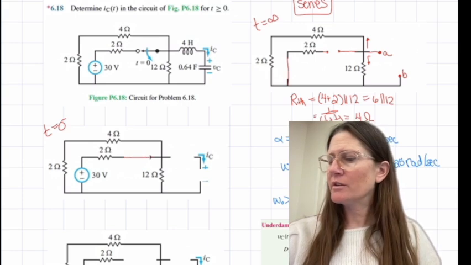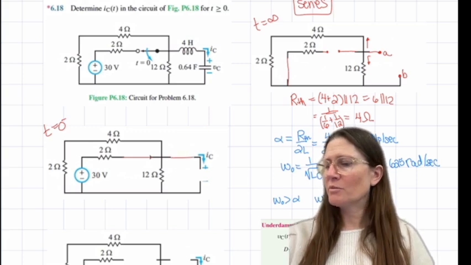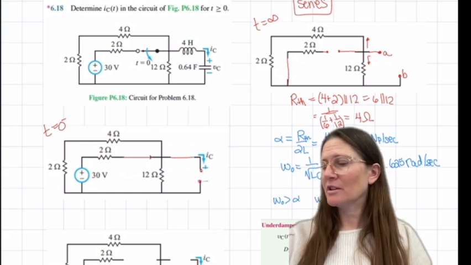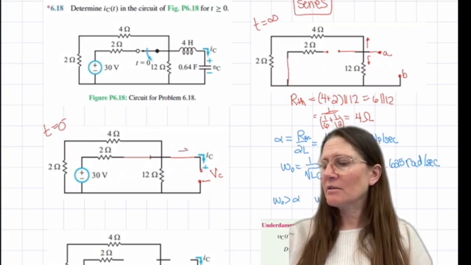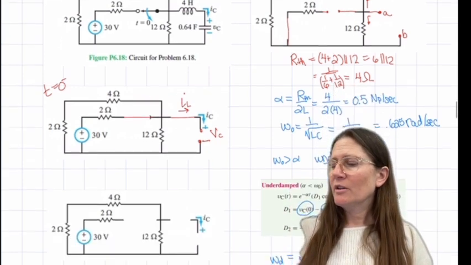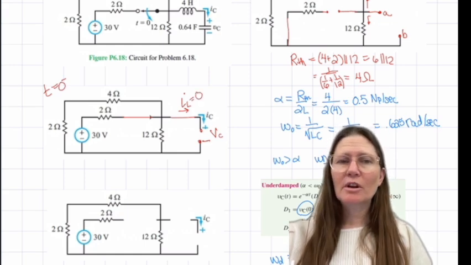And then what is going on with the inductor? Correct, a wire, and what's going on with the capacitor? Correct, open. So then we can find IC, or IL, and then VC. So what is IL here? Correct, 0. And what is VC?